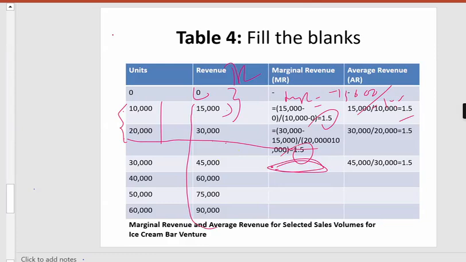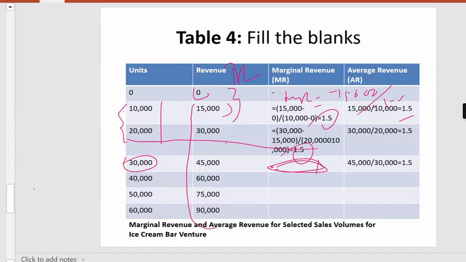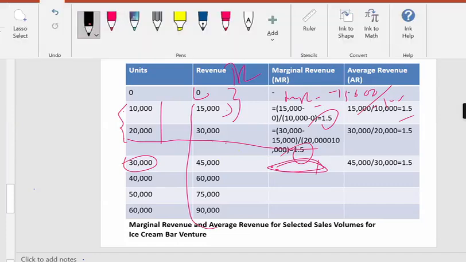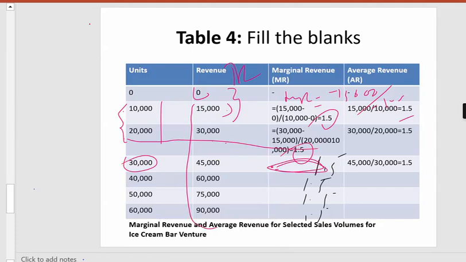When you produce 30,000, what is the marginal revenue? 1.5. Okay, 1.5, 1.5, 1.5, everywhere, right?